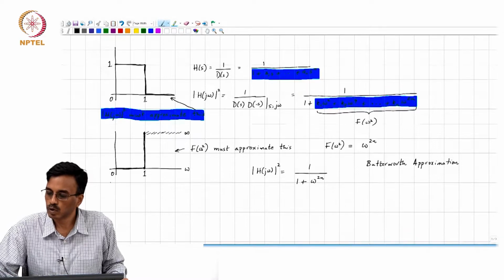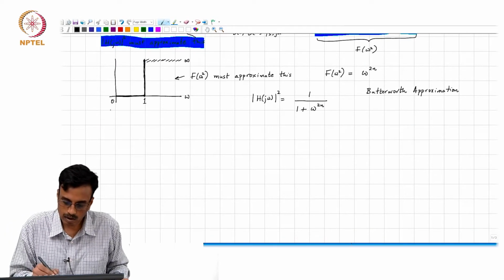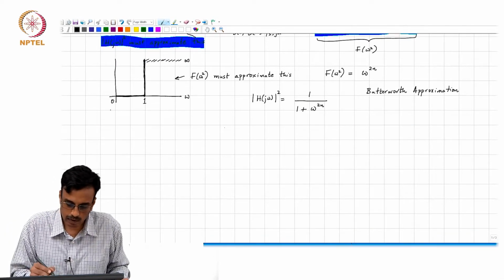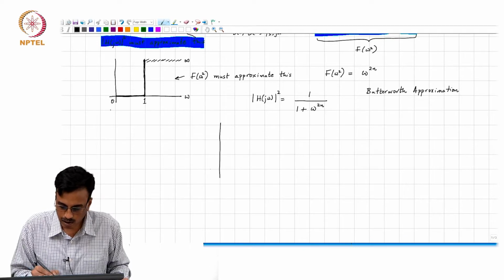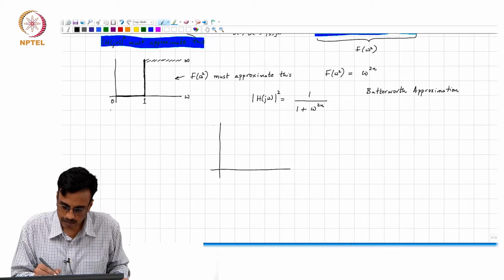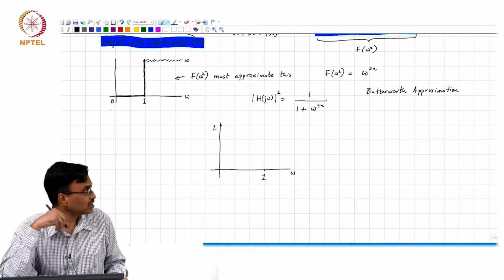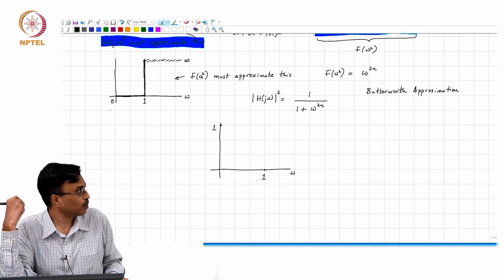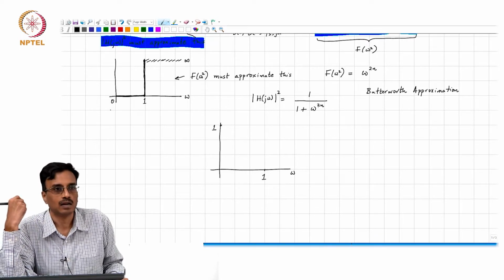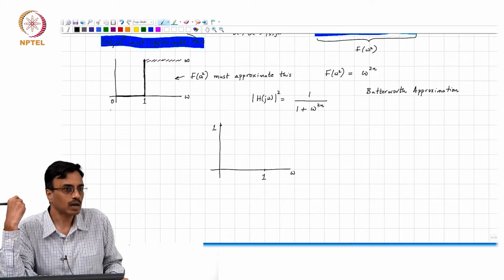And if you plot the squared magnitude response, it will turn out, as you can imagine, that if this is 1 and this is 1, what is the magnitude response? Regardless of n, the magnitude response squared at omega equal to 1 is what?